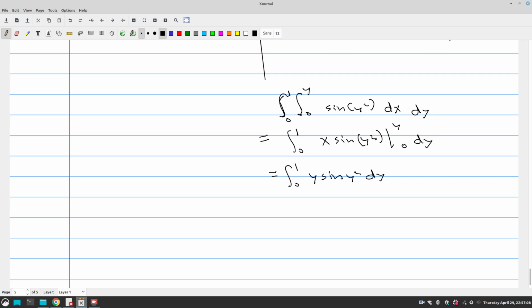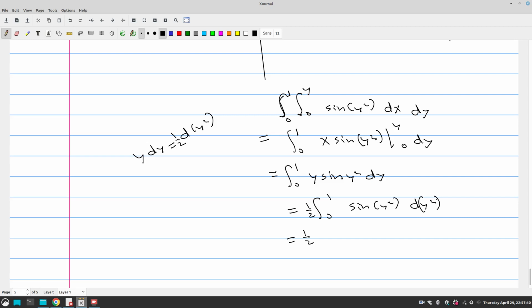Now y dy can be written as d of half y squared, and the integration limits are going to be the same. So you do the integration with respect to y squared, sine y squared d(y squared). This is the integration variable, half.